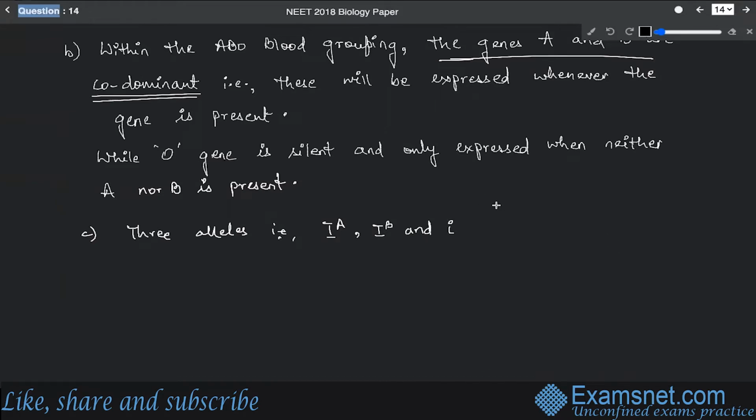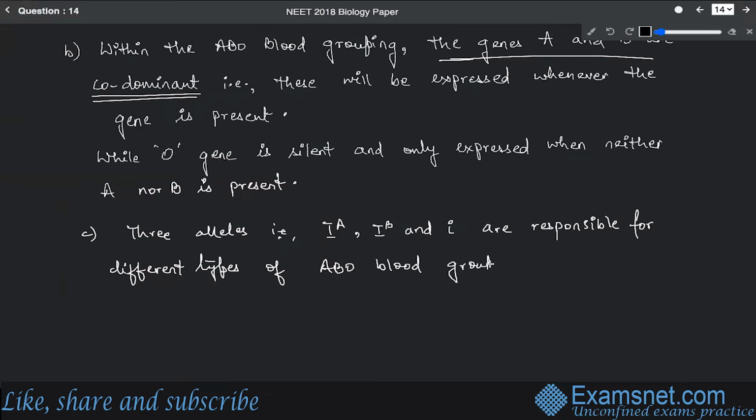These three different alleles are responsible for different types of ABO blood group in humans, thereby showing multiple allelism.